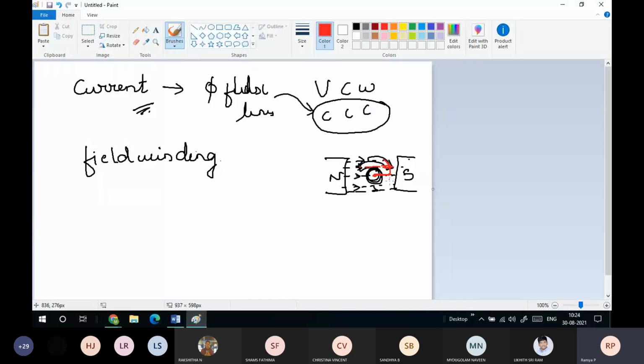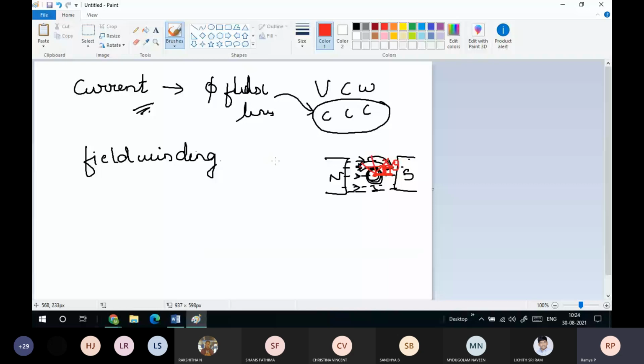If it is cutting these lines, there will be an angle. So initially the reference angle for the conductor is this one, and the next position it will go here, next it will go here, it will be rotating, and the angle will be made here. That angle is called theta, and this theta is nothing but the angle between the plane of rotation and the plane of flux lines, which is measured basically for calculating the value of EMF.